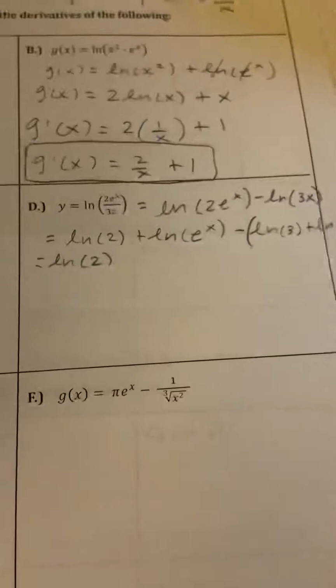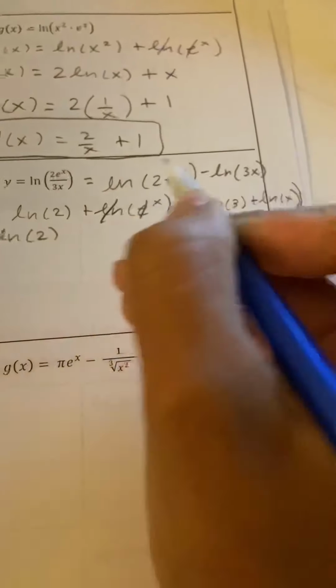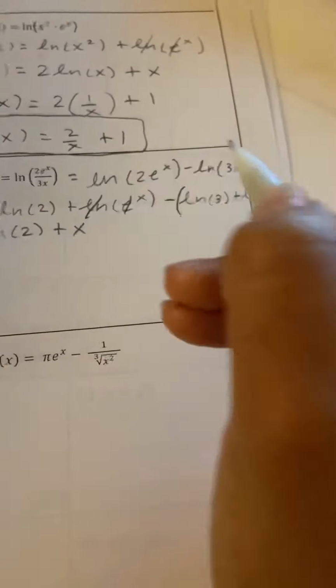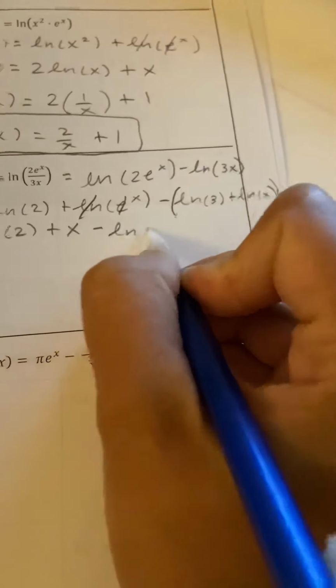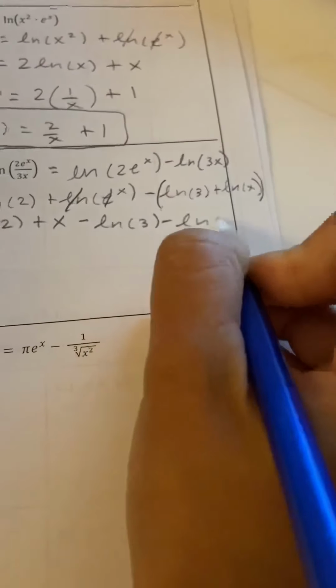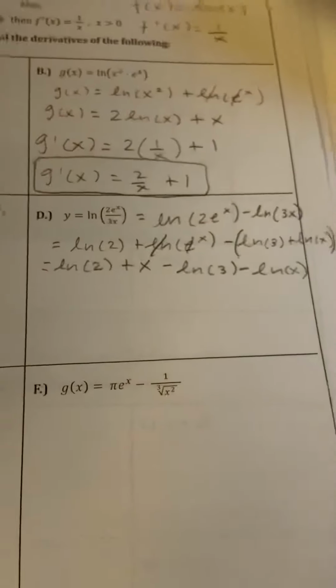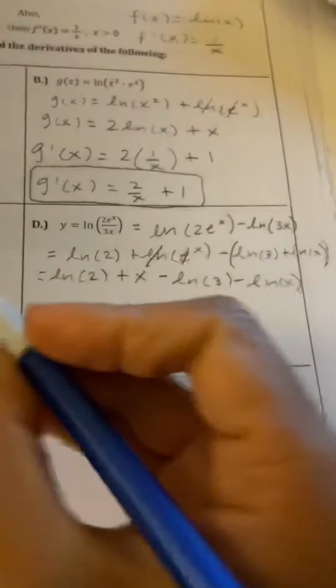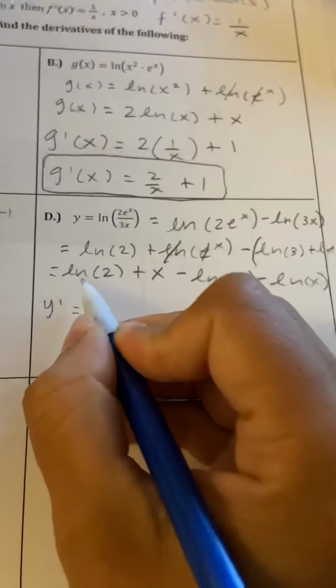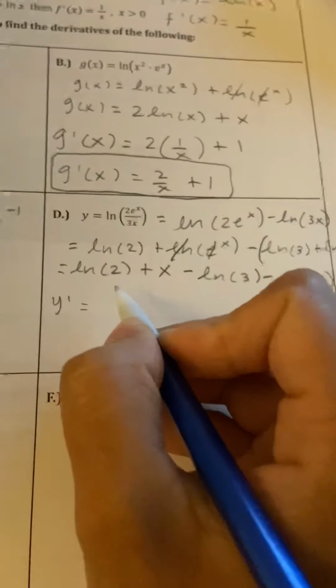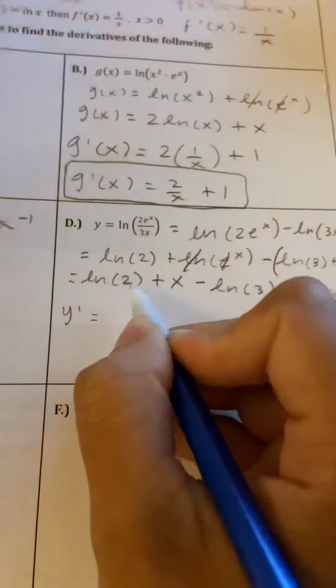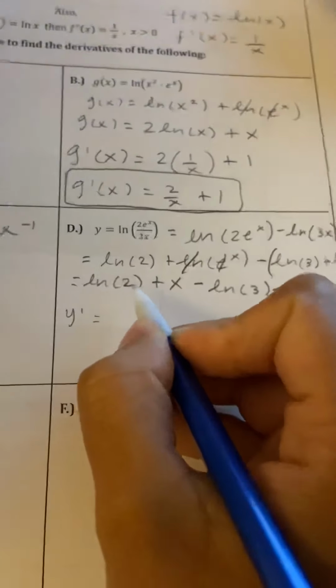So ln of 2 here, ln and e cancel, so I would have plus x minus ln of 3 minus ln of x. At that point, I can go ahead and just take the derivative. So I would have y prime is equal to, well, ln of 2 is just a number at the end of the day, right? And remember, the derivative of a constant is 0.